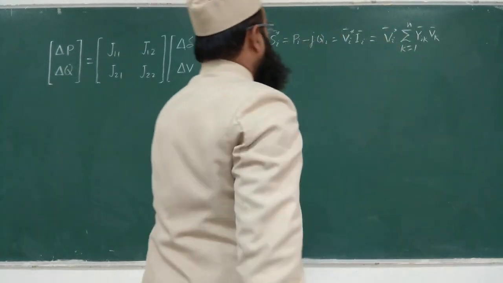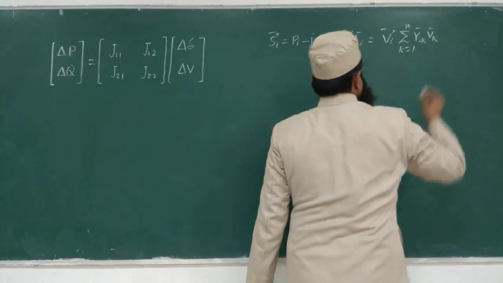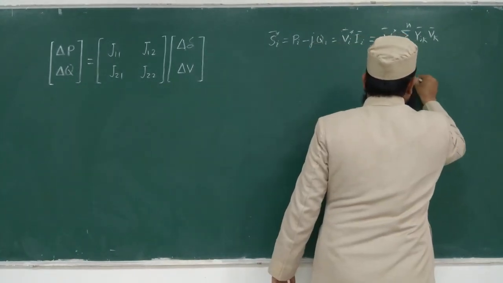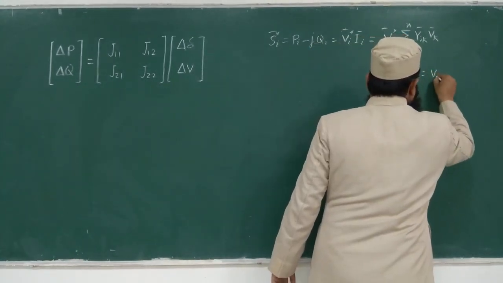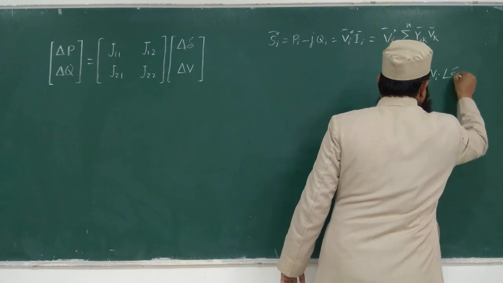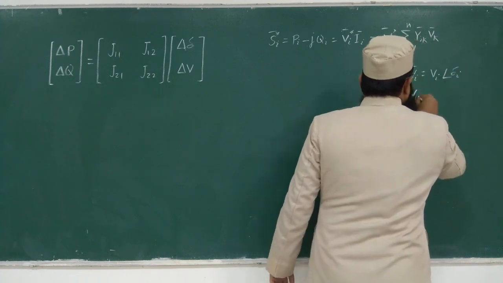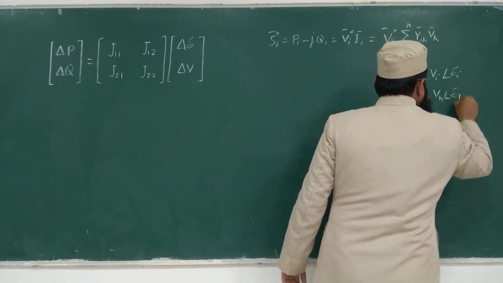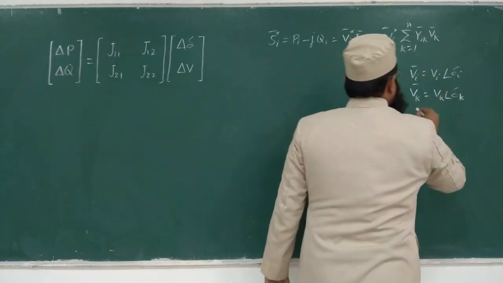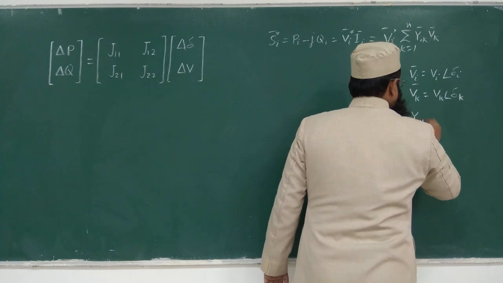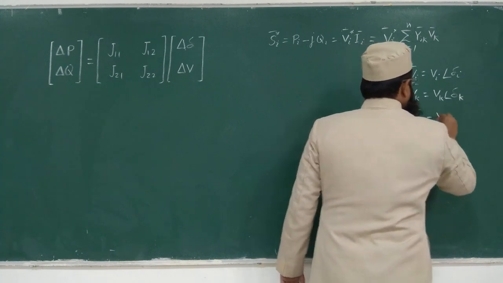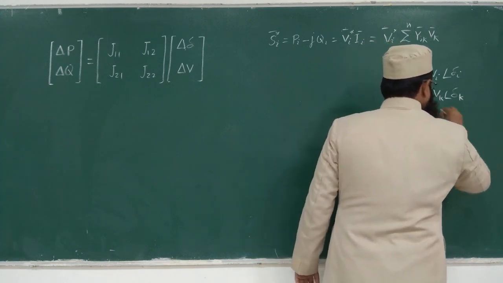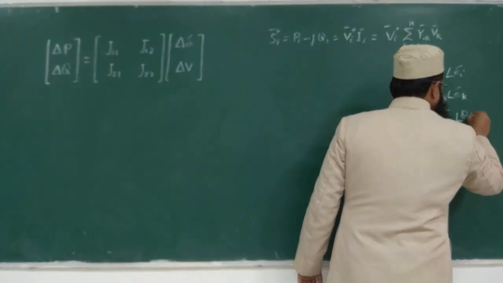So if we are going to represent these phasors in polar form, that is, this Vi phasor is nothing but Vi magnitude angle delta i, or Vk magnitude angle delta k, and Yik magnitude Yik angle theta ik.